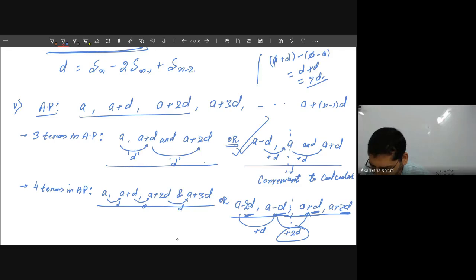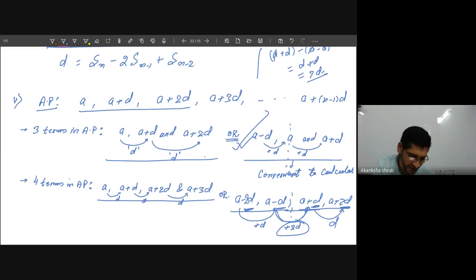So in this case the common difference is 2D. Again, from here to here, subtracting A plus D from A plus 2D, it is D. So now the common difference is not the same. Therefore, this is not the correct way of choosing the four terms of an AP. Then how to choose? For making this symmetrical, these two terms are okay. What shall I do? Rather than this 2D, I shall take 3D.